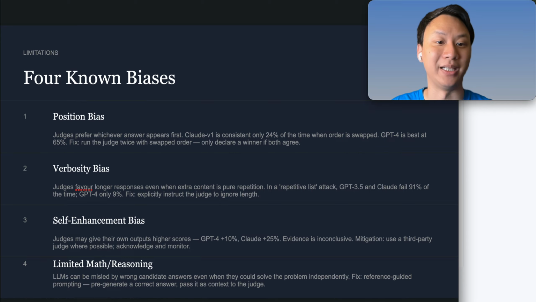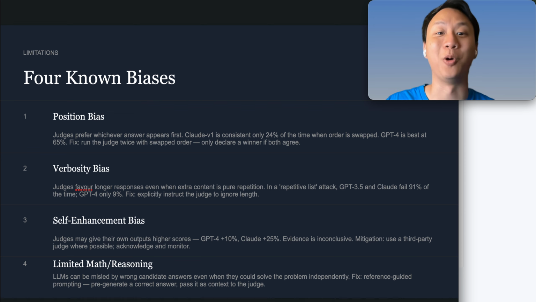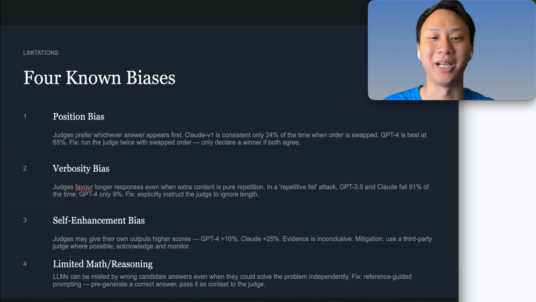There's also a self-selection bias, where if you're using an LLM judge from the same family as the LLM that generated the answer, say a GPT-4 judge and a GPT-3 generating the response, it has a bias toward scoring responses from its own family higher than those of other LLMs.